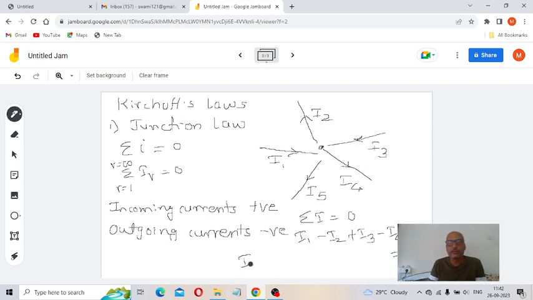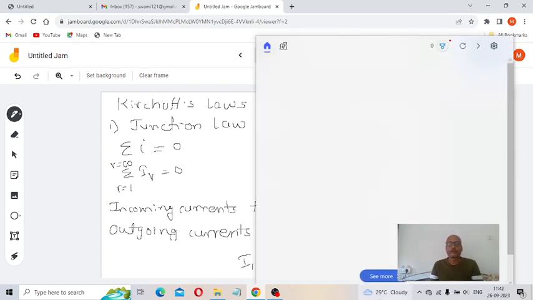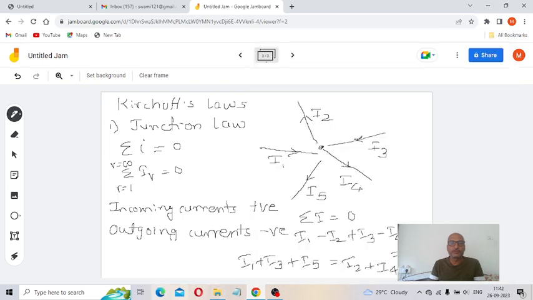That is, I1 plus I3 plus I5 equals I2 plus I4. Have you understood this? Very simple.